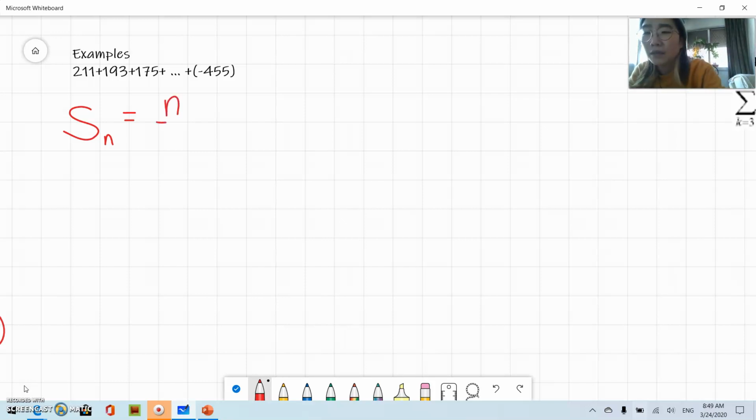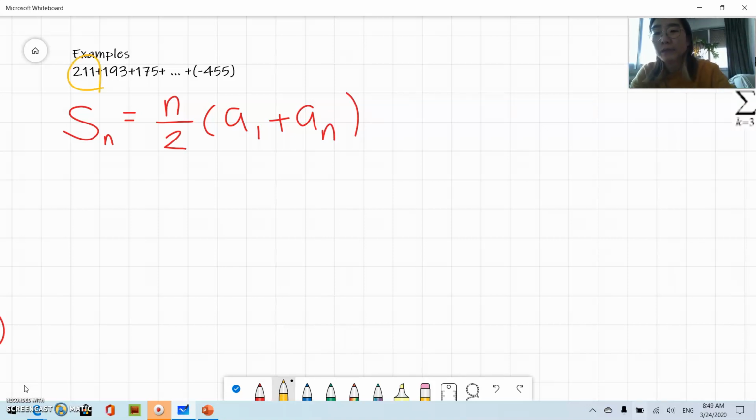S_n is n over 2 times (a1 plus an). Well, a1 in this case is 211. So we know that. And an, the nth term, is negative 455. But the problem is, we have no idea what n is in this case.